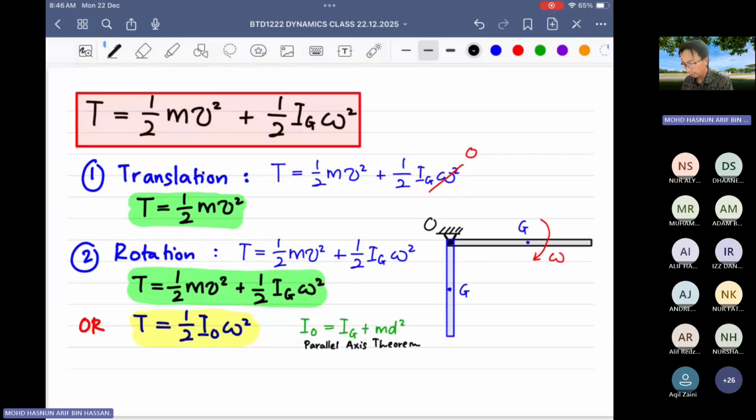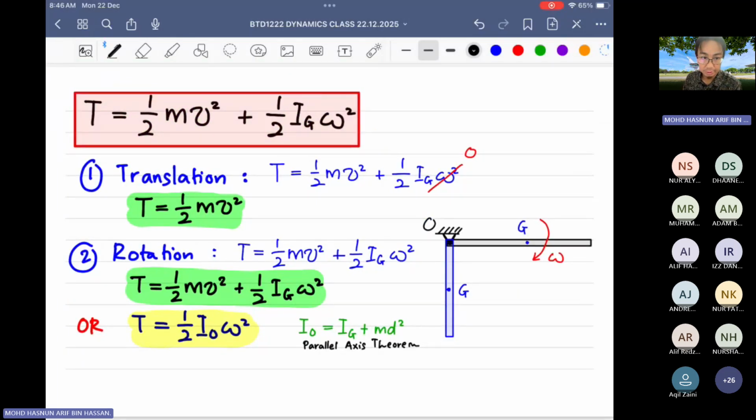So you can use that to find the value of Io. And when you find the value of Io, then you can use the second formula, which is simpler than the first formula. The first formula has two parts, two components.